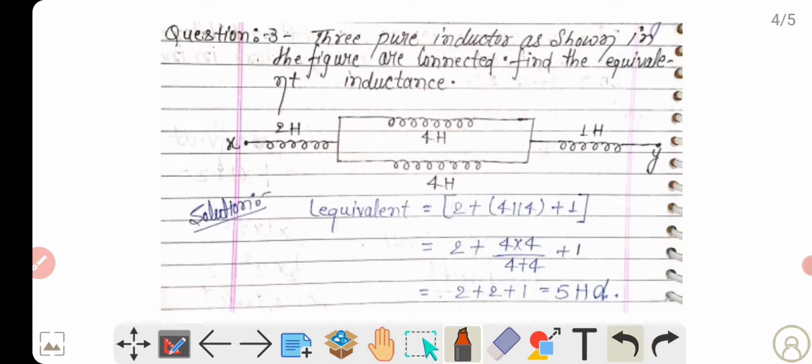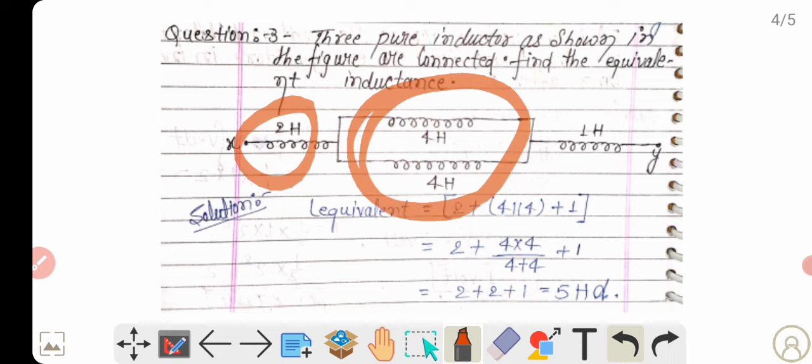Now friends, the next question: three pure inductors are connected as shown in the figure. Find the equivalent inductance. As you can see here, it is very simple. This combination is in parallel, and the equivalent inductance between the x and y terminals will be equal to this one in series with the equivalent of this one, and this one is also in series.